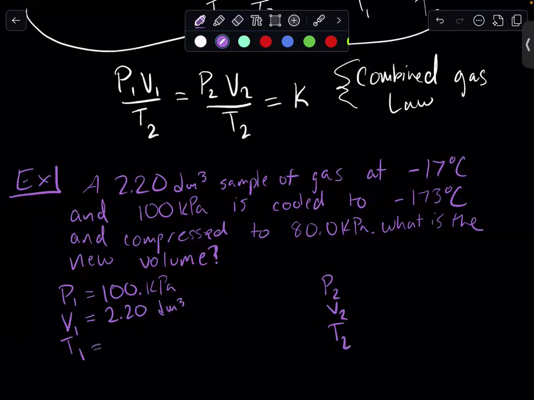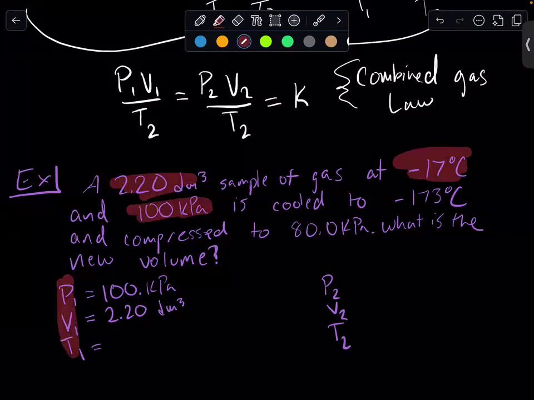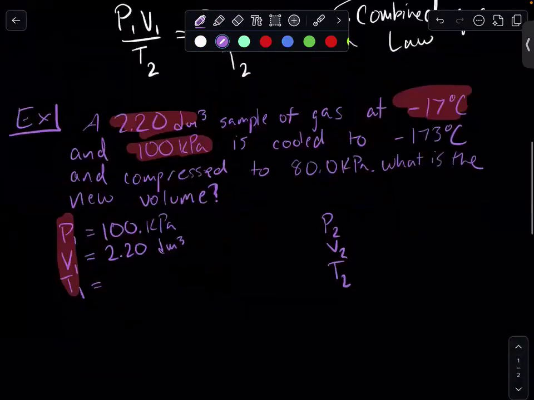In temperature one, we notice that it is negative 17 degrees Celsius. We do have to remedy that because we must be using Kelvin. So negative 17 plus 273 is 256 Kelvin.